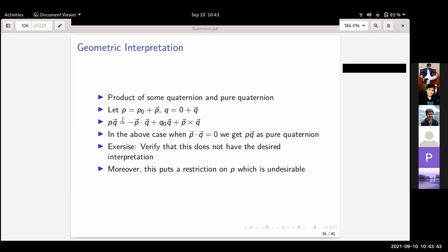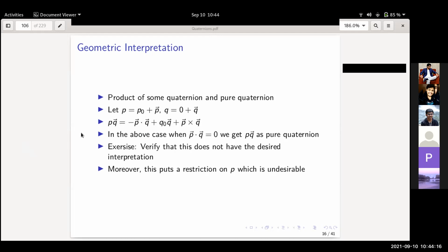Because it is not commutative, you might say I will multiply Q times P. But here there is only one change that is going to happen. It will not affect anything once again, because the dot product is commutative, and here you will get Q cross P or something. So whether it is P times vector part of Q or vector part of Q times P, we end up in the same situation where the operator is restricted by the operand.